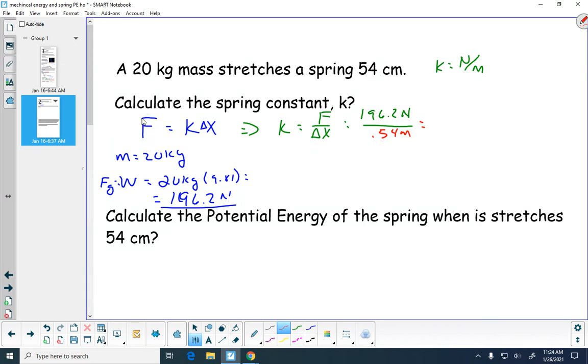So we have 196.2 divided by 0.54, and we can find our spring constant. Brandon, what do you get? 360.3. And that's newtons per meter.